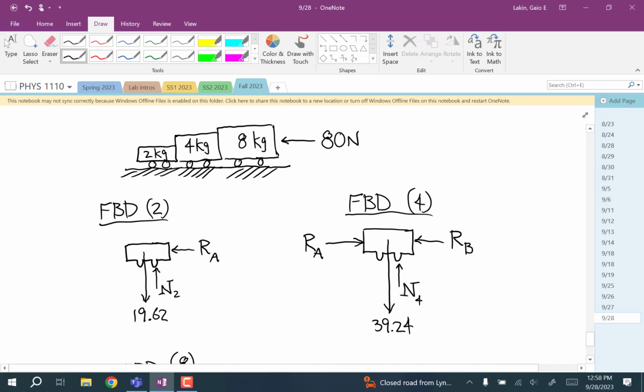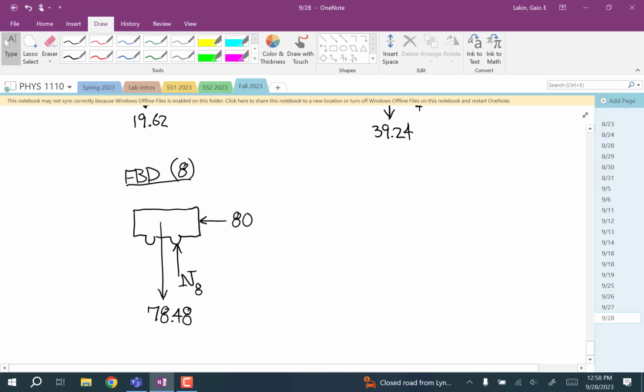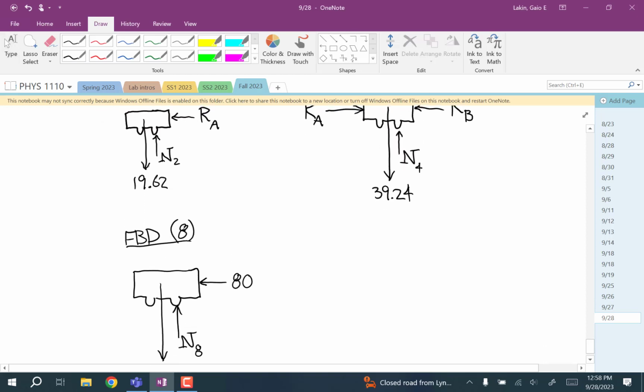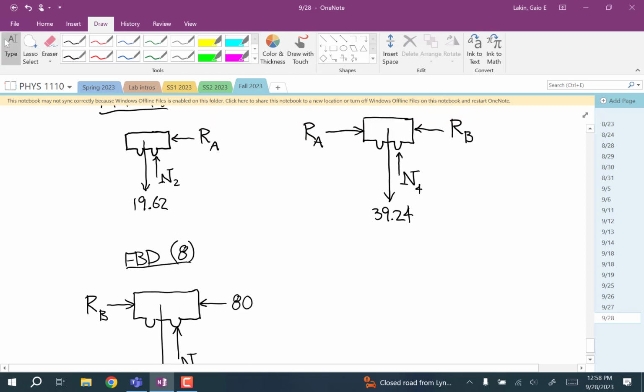Does the 80 Newton force act on this one? Yes, so the 80 goes over here. And now there's a pushing force that's applied by the 4. Do we know the name of this? This is RB. And you're done. This gives you every bit of information that goes in on the left side of Newton's second law for each one of these bodies.